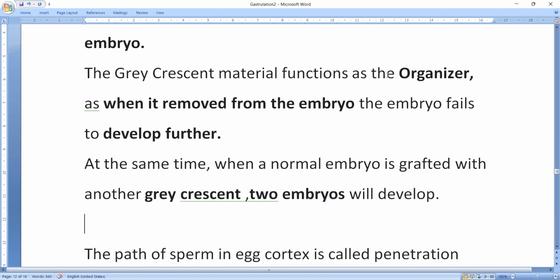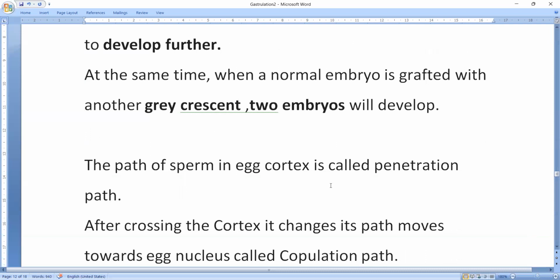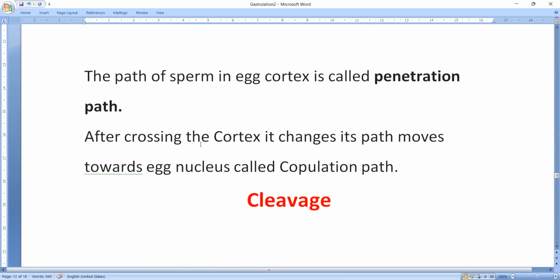In that way, the gray crescent is considered an organizer. Then the path of the sperm in the egg cortex is called the penetration path. I already told you that. After crossing the cortex, it changes its path and moves towards the egg nucleus.